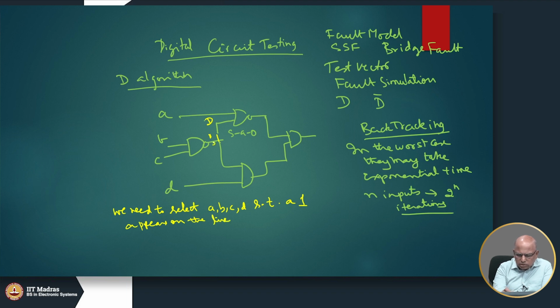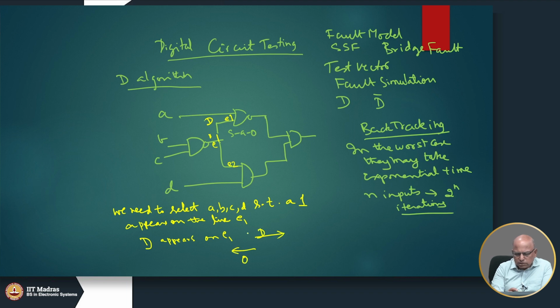Let us say we call this E, this is E1 and this is E2. But the moment a 1 appears on that line E1, we think of it as a D. A D appears on E1 for the purpose of forward propagation, and for the purpose of backward propagation it is 0.